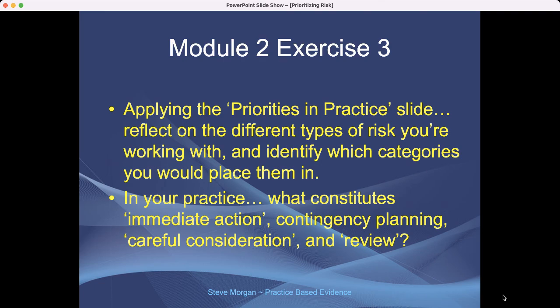Then, using the priorities in practice slide earlier in this presentation, firstly, how would you categorize the risks you're routinely working with? And then secondly, what do the 4 types of response that I lay out generally look like in your experience? This idea of immediate action, contingency planning, careful consideration, and review.